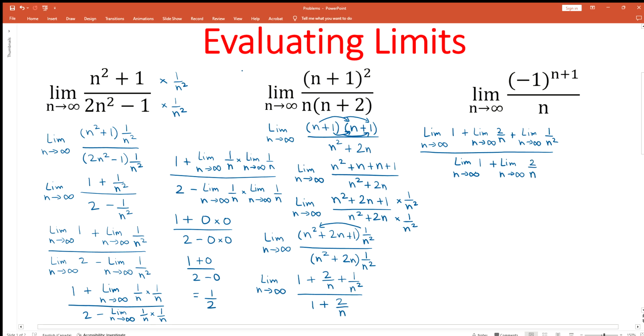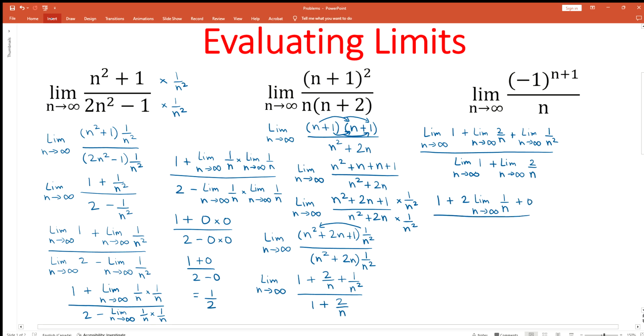In the numerator, the first term is 1. 1 is a constant, so the limit value is 1. In the second term, 2 over n, 2 is the coefficient of the term. We can move it out of the limit. As I showed for the first limit, limit n approaches infinity for 1 over n squared is equal to 0.